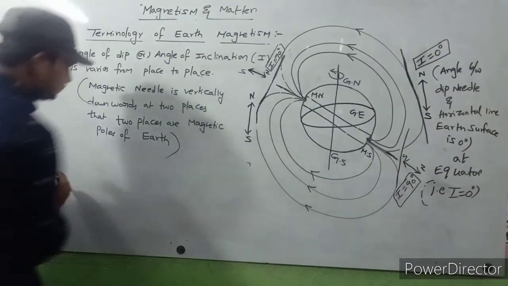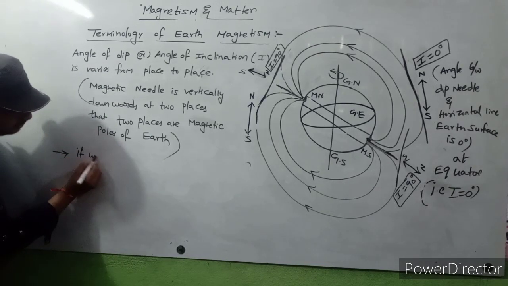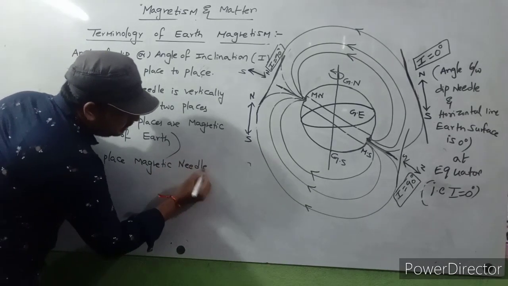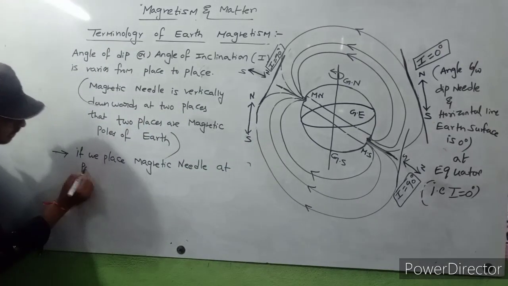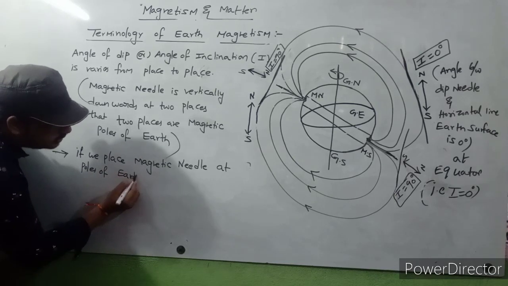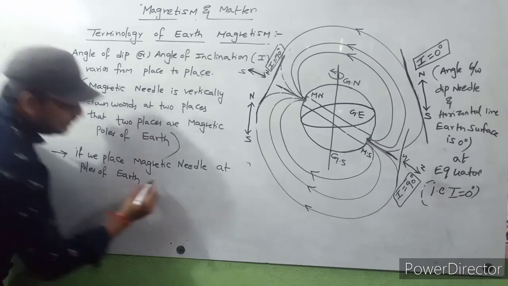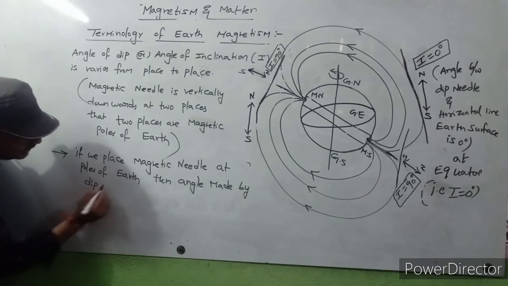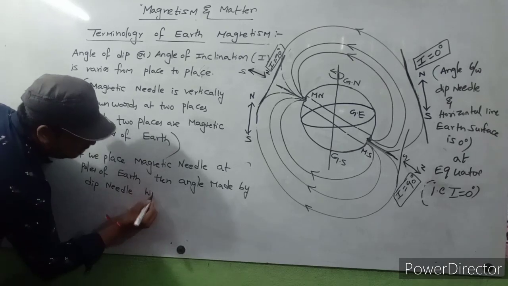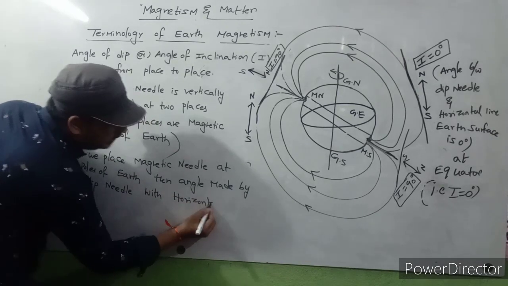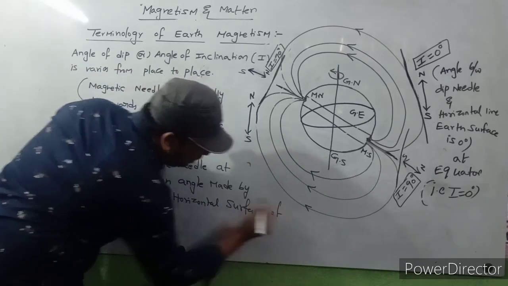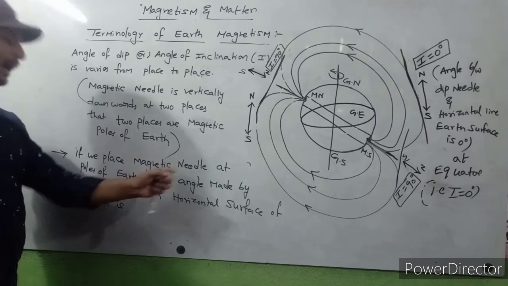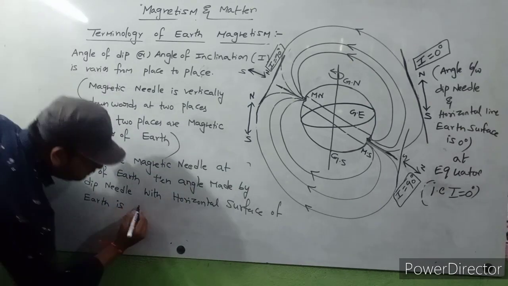I will write those two points. If we place a magnetic needle, also called a dip needle, at the poles of the earth, then the angle made by the dip needle with the horizontal surface of the earth is 90 degrees.